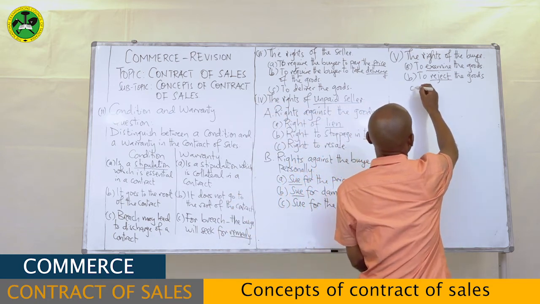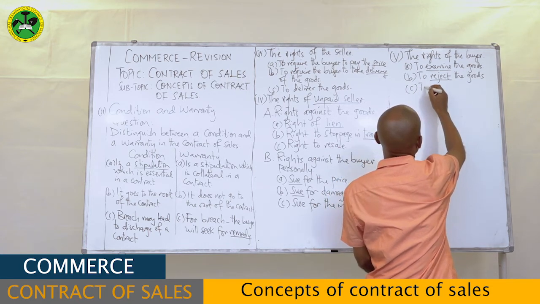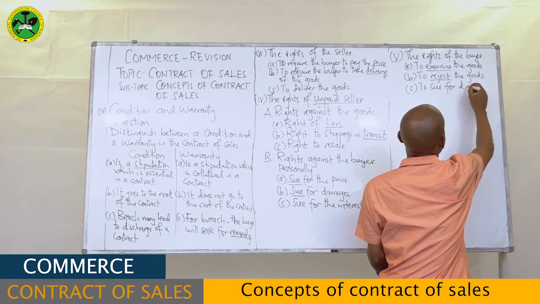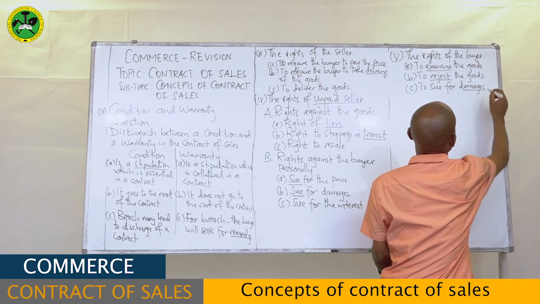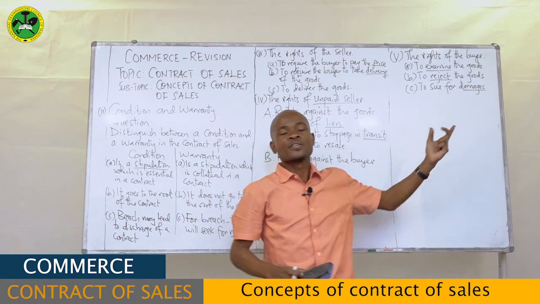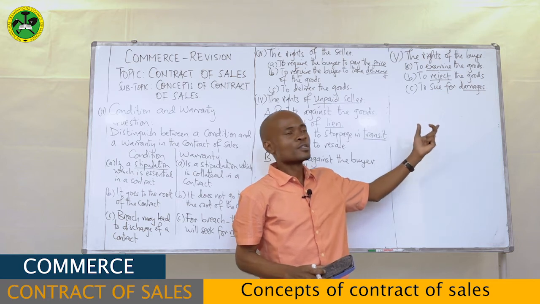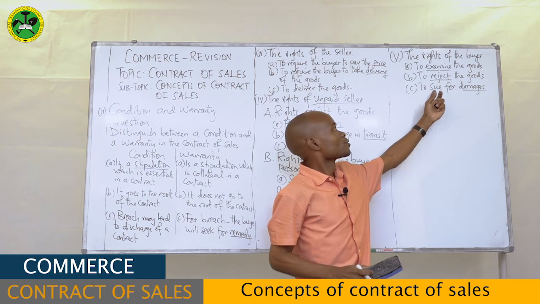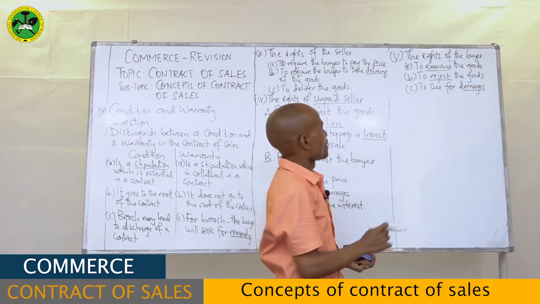Again, another right is to sue for damages. Suppose here the seller has refused to deliver the goods. So the buyer has got the right, as we have said before, to take legal actions against the seller.